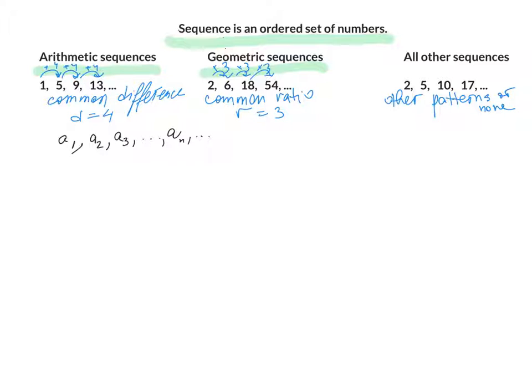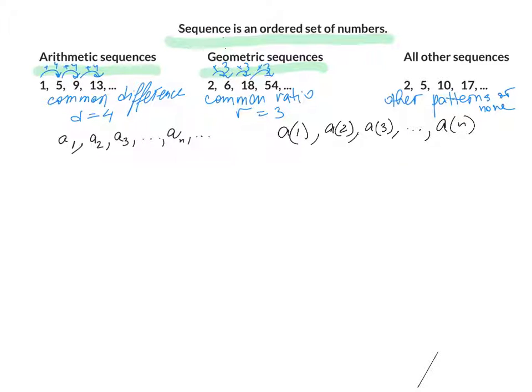Another type of notation is function notation, which I don't like to use for sequences, but Common Core people like it, so we have to learn it. So it goes like this: A of 1, A of 2, A of 3, and so on, A of n.